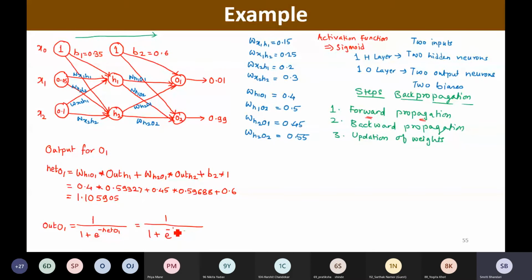So this comes out to be 0.751365. So I hope you must have got the same result. Yes, ma'am. Right. So similarly, we are doing this for this O2 also.